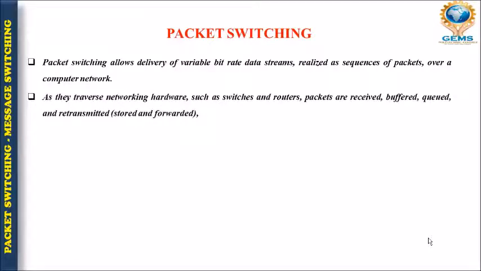As they traverse networking hardware such as switches and routers, packets are received, buffered, queued, or retransmitted. So in switching, basically we are using hardware such as switches and routers, and through these switches and routers data can be received, and data can be buffered, meaning data can be stored in the intermediate stations.